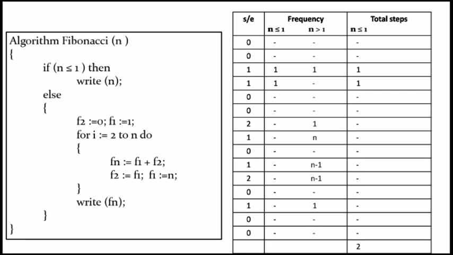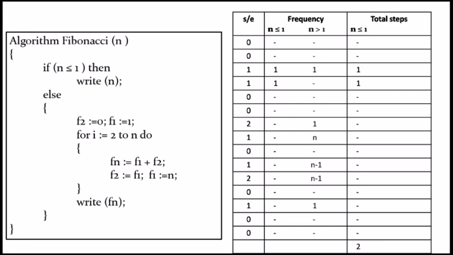After executing the for loop, the next is the closing floor bracket, so it will be considered as 0 frequency. Next we are writing f of n, so it will be executed one time, so the frequency will be 1. And then at the last there are two closing floor brackets, so frequency will remain 0.